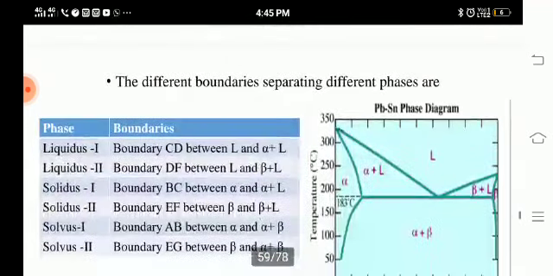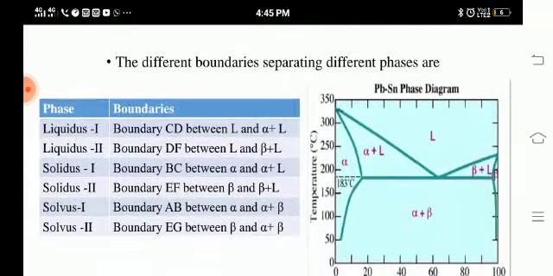Now we'll see the different boundaries in this lead tin diagram. Liquidus 1 is the boundary CD between L and alpha plus L. Liquidus 2 is the boundary DF between L and beta plus L. We have two different solidus lines, solidus 1 and 2, where BC is between alpha and alpha plus L, and EF is between beta and beta plus L. We have two other boundaries, solvus 1 and 2.